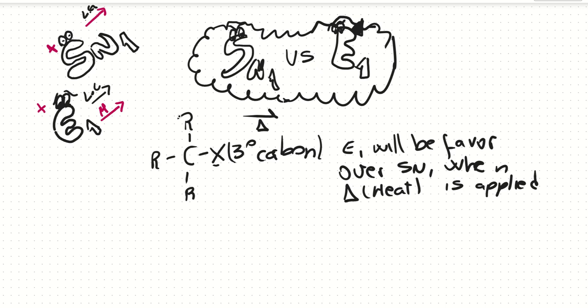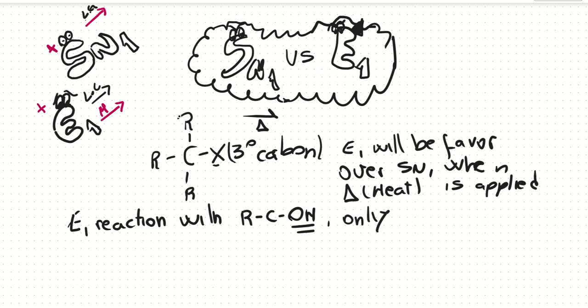So, alcohol, for example, E1 reaction with alcohols. Only one acid or the other group is added.